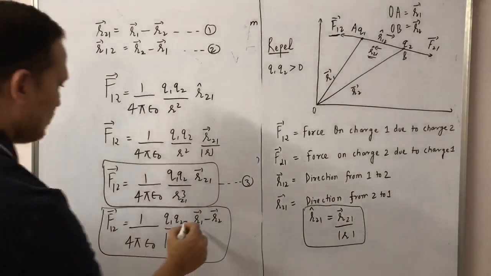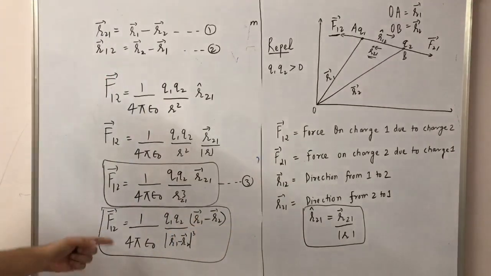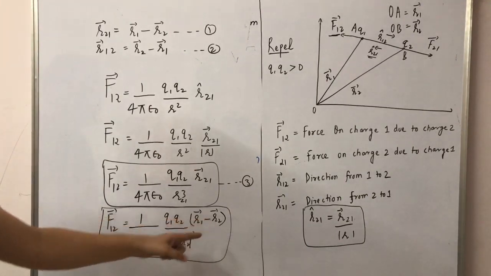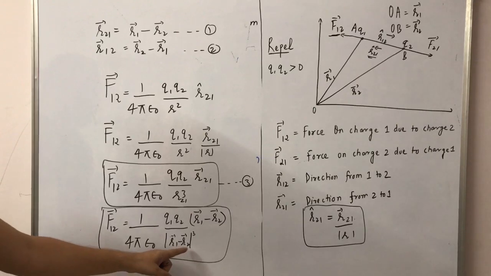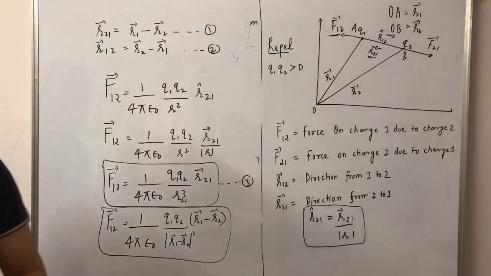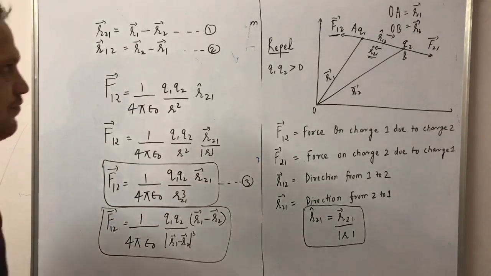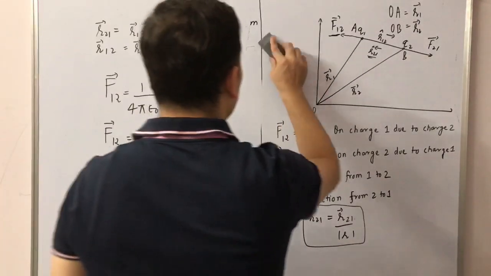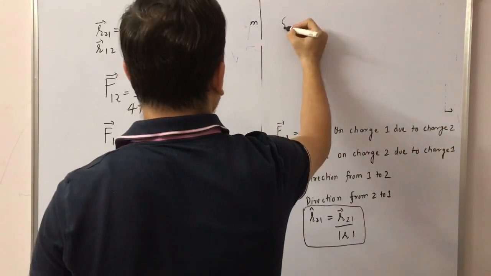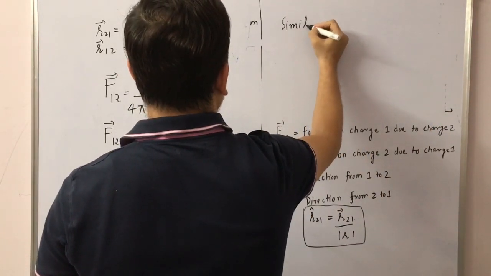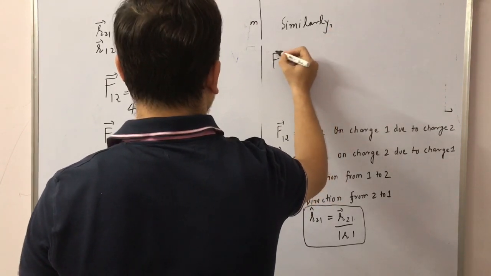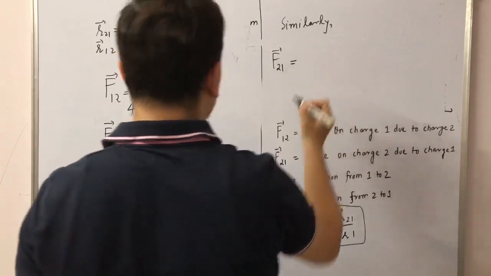If you want to find it more specifically, then the formula will be F12 = 1 upon 4 pi epsilon naught, Q1 Q2 upon the magnitude of R1 minus R2 whole cube, times the vector R1 minus R2. Similarly, we can also define F21.